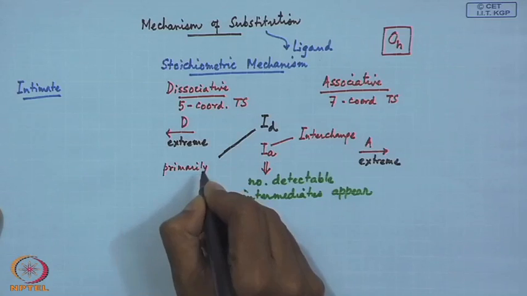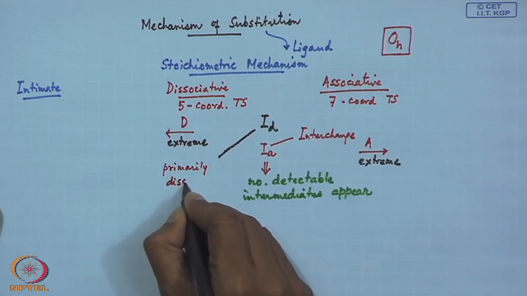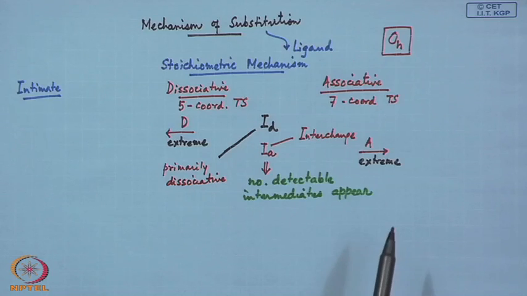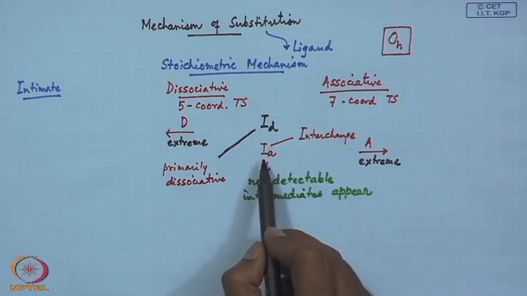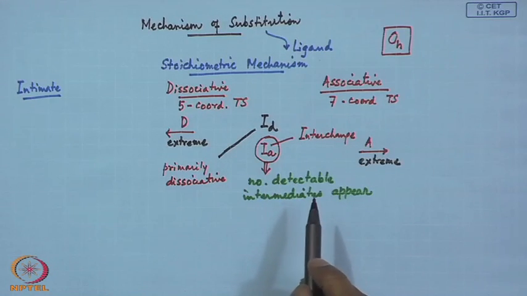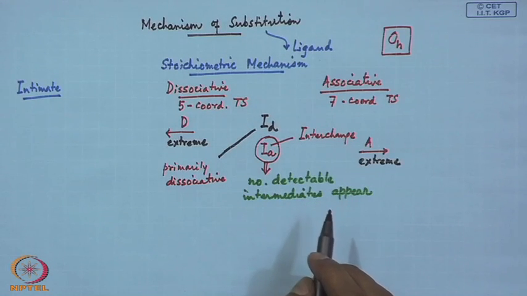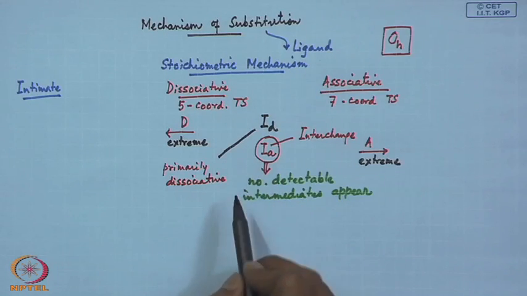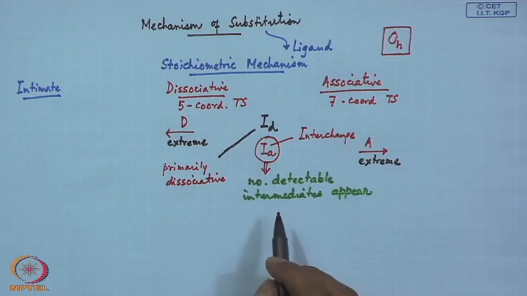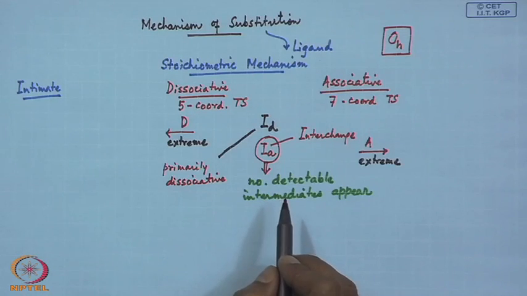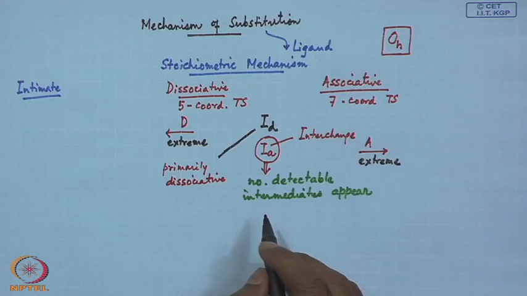In the case of IA, the incoming ligand begins forming a bond to the central atom, that means some weak interaction is taking place with the central atom before the departing ligand bond is weakened appreciably.